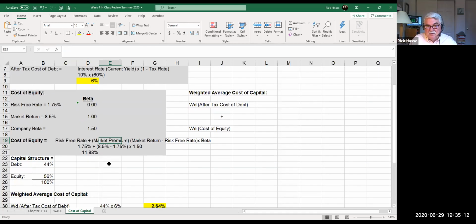So doing my arithmetic, the risk-free rate is 1.75, plus the market return of 8.5 minus the risk-free rate 1.75, and we multiply that difference, or that premium, times 1.5, the risk and the beta of the company. So 1.75 plus 6.75 times 1.5, do the arithmetic, 11.88% is our cost of equity.